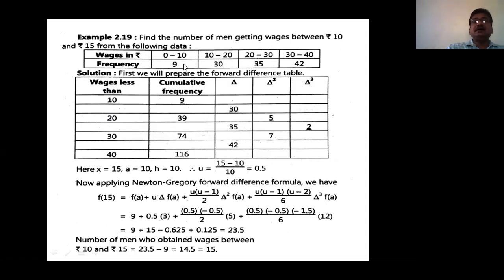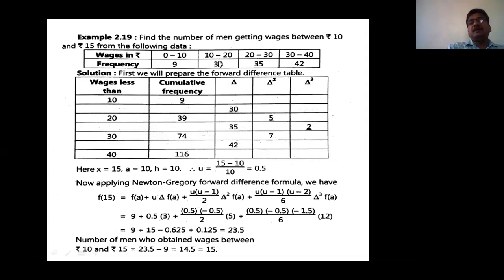9 men get wages between 0 and 10, that is less than 10. The frequency is 9. Then 10 to 20 is 30. This 30 is the number of men getting wages between 10 and 20. So how many men get wages less than 20? 39. Because these 9 also get wages between 0 and 10, which is less than 20, and these 30 also.